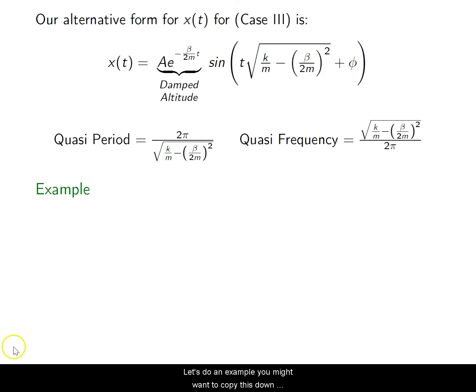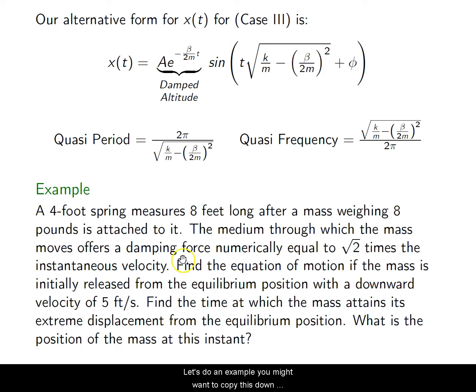So let's do an example. You might want to copy this down because I'm going to go to a new screen in order to finish solving it. It barely fits here, but we have a 4-foot spring that measures 8 feet after we put an 8-pound weight on it. Notice we're in feet and pounds, so we're using the measuring units.